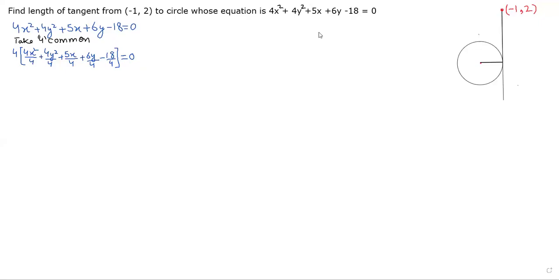I have taken 4 common from every term just to make the x square and y square coefficients 1. So this and this will get cancelled, this and this will get cancelled.